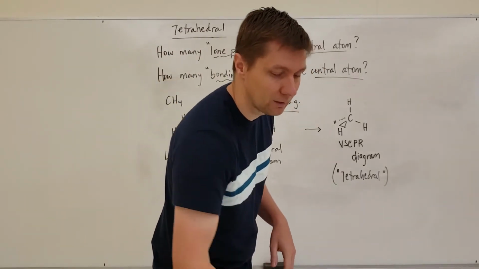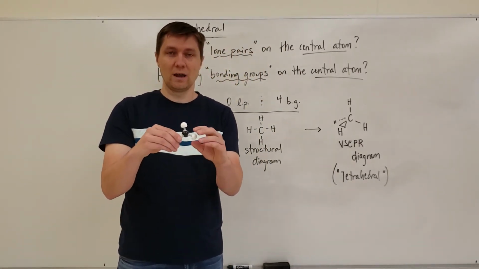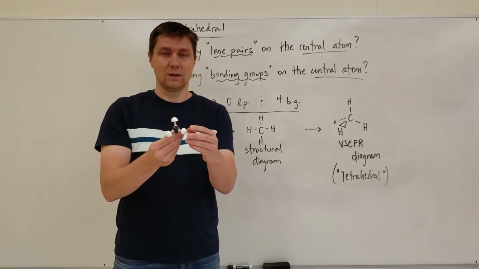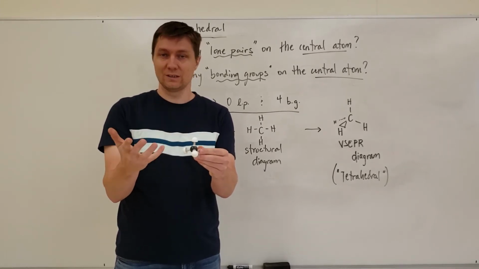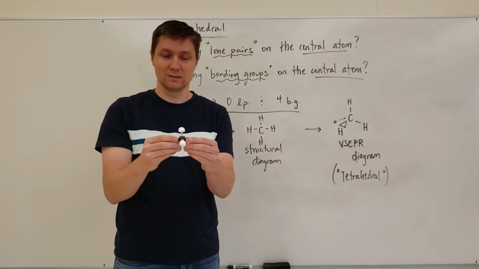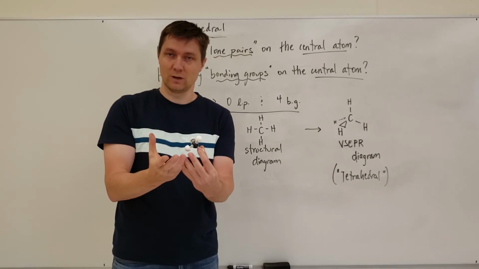Now, if you take a look at this diagram here, or this model, you can see no matter which way I hold this molecule, it looks exactly the same. And the reason it's like that is because all of these groups of electrons are the maximum distance away from each other.